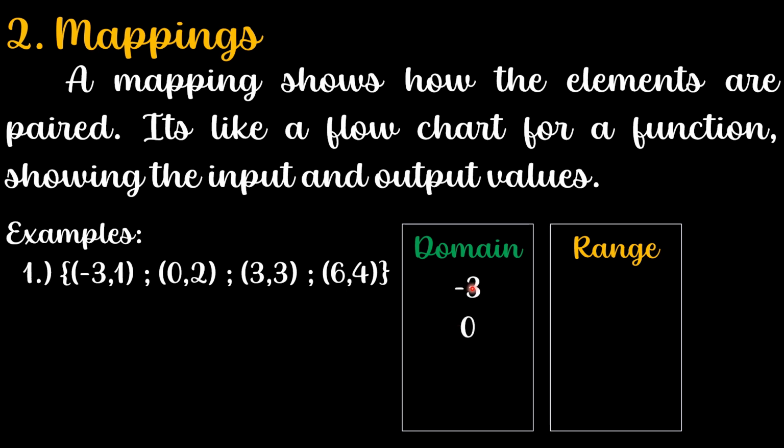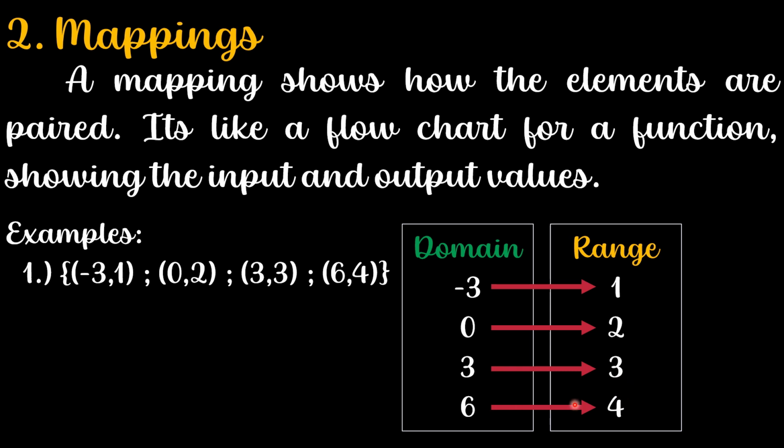So we are going to write negative 3, 0, 3, and 6. While our range are 1, 2, 3, and 4. Now, as you can see, si negative 3 is paired to positive 1, as well as 0 and 2, positive 3 to 3, 6 and 4.